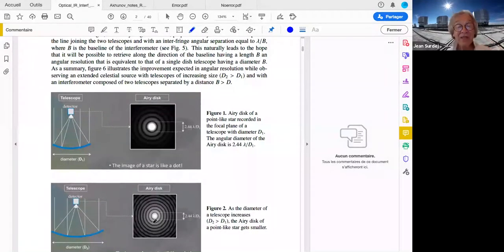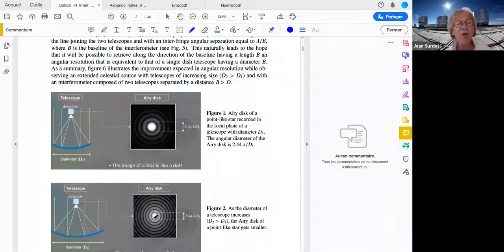And the distance between the two minima is smaller because the diameter is larger. So the angular size of the Airy disk gets smaller, and this provides a better angular resolution to your instrument. Okay, now this is if we look at a star.